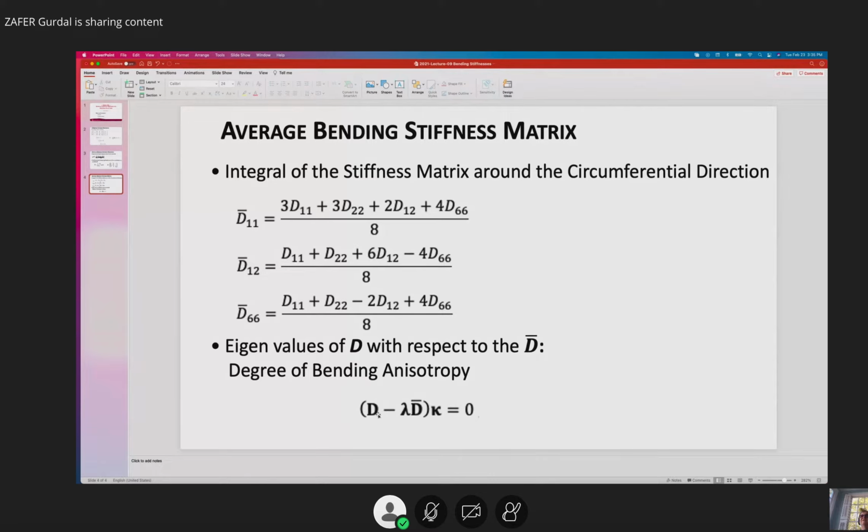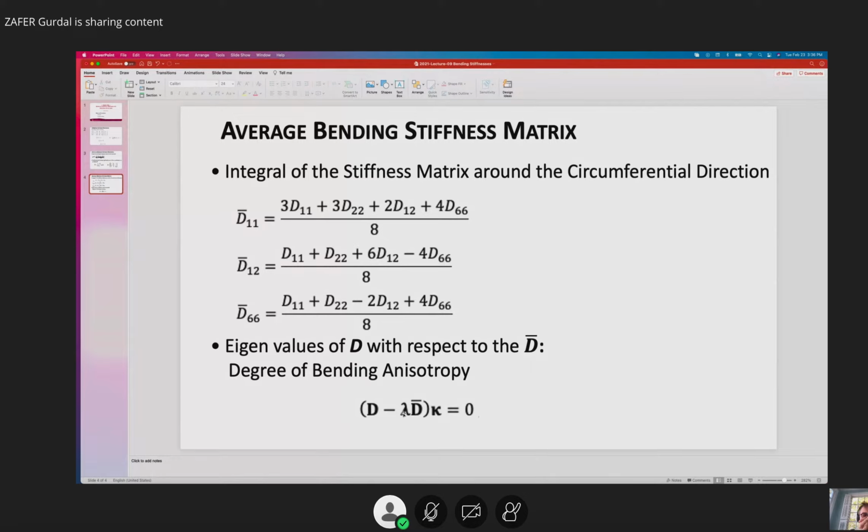If there is anisotropy in the D matrix, lambda will become less than 1. The degree of anisotropy will depend on how small this lambda is, the smallest eigenvalue of this generalized eigenvalue problem, compared to 1.